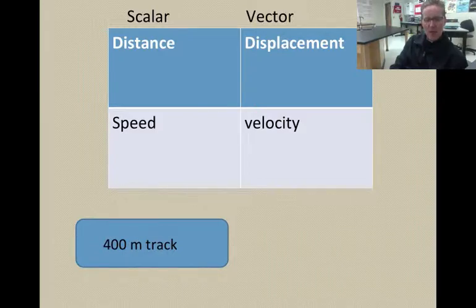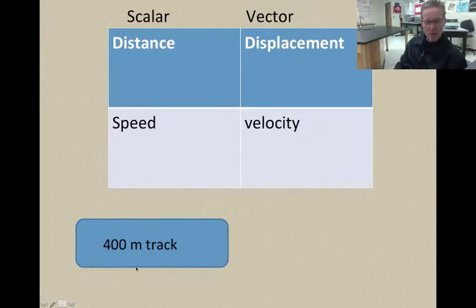Anyway, let's look at an example where we would have differences in these different quantities. We'll compare distance and displacement first. Let's say we have a 400-meter track as shown in this diagram just below. I know that's not how a track is actually shaped.